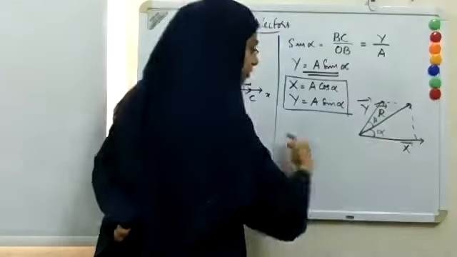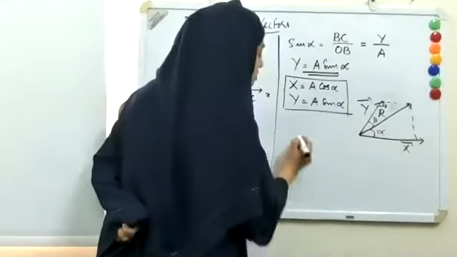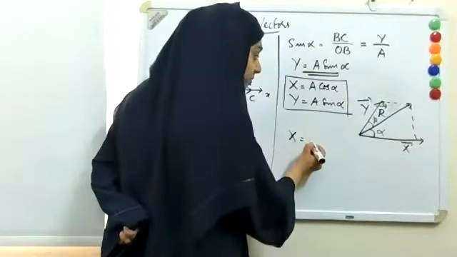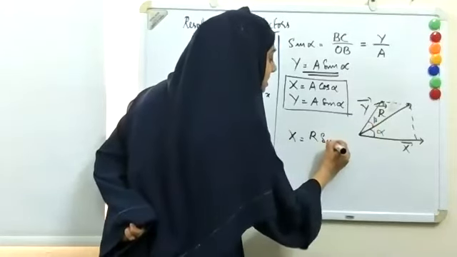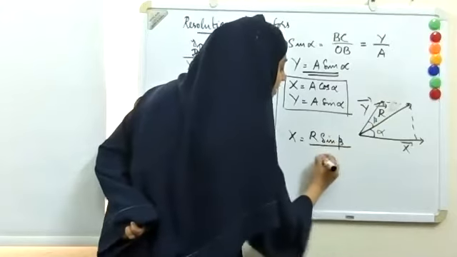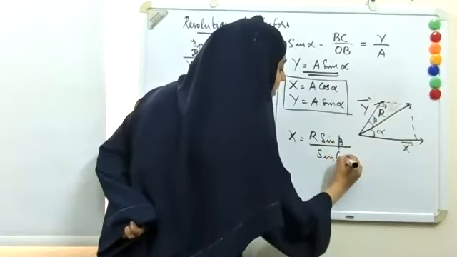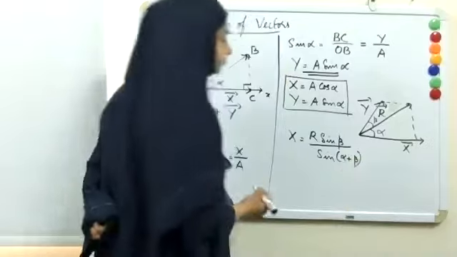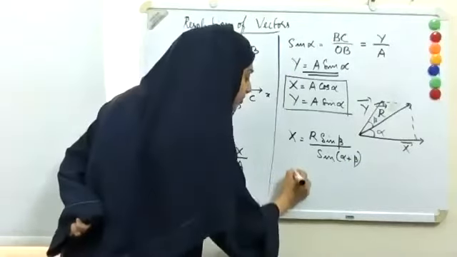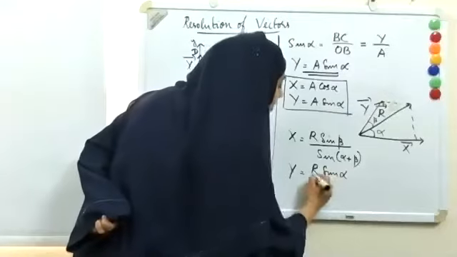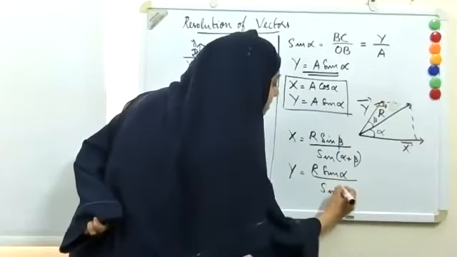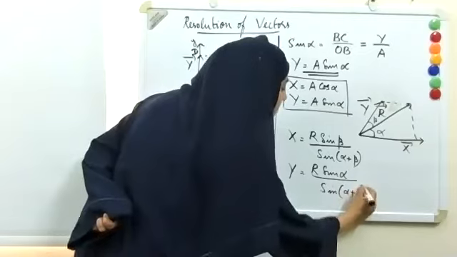Then I'm going to just write the equation. One of those components, x, is given by r, I'm taking the other angle, sine beta divided by sine alpha plus beta. And the other component y is equal to r sine alpha divided by sine alpha plus beta.